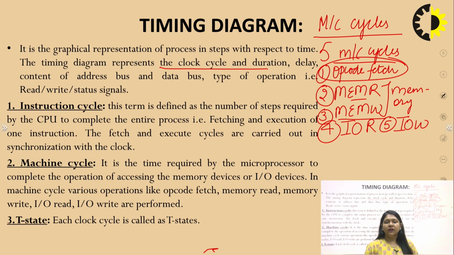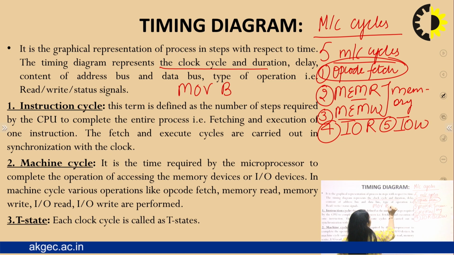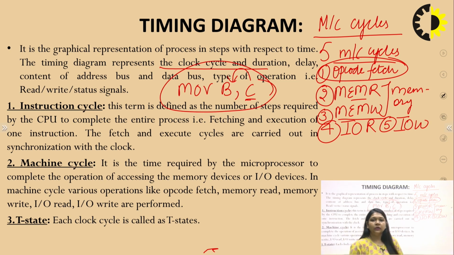For example, I have to move from register B to register C. The opcode for this will be MOV B, C. The contents of register C will be copied to B. For this, there is some machine code that is already predefined in the microprocessor, and for MOV B, C the machine code is 78.